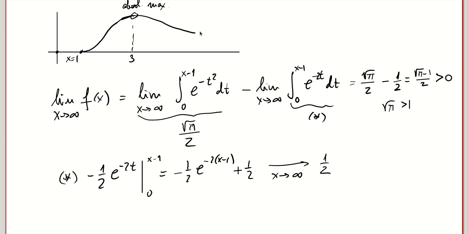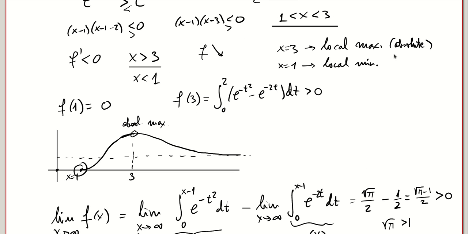As I said, the function approaches a value, but this value is positive. So it behaves roughly like that when x goes to infinity. So the value it takes here is the smallest possible value in the interval 1 to infinity. So 1 is the absolute minimum.